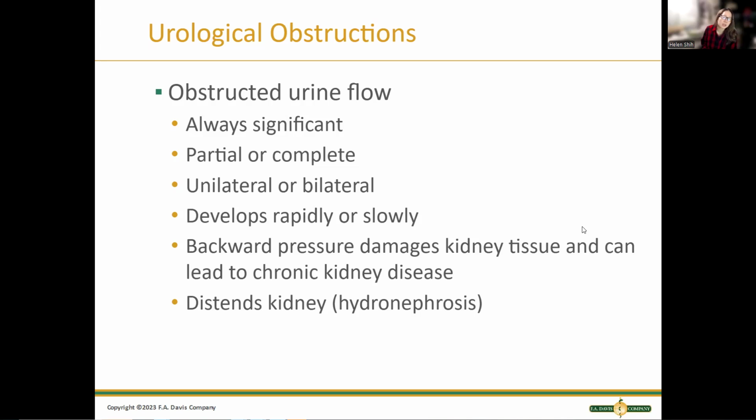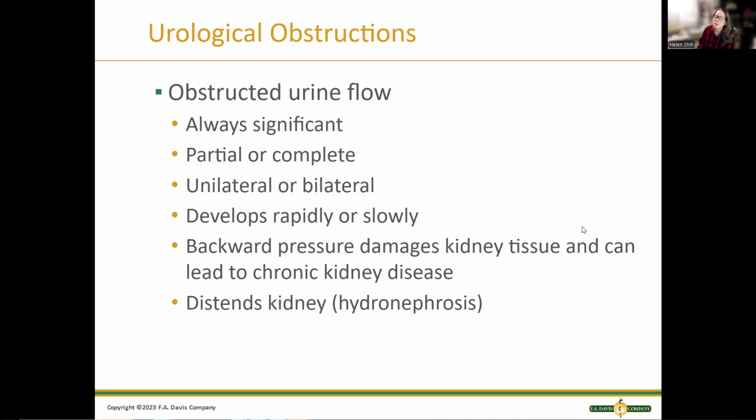And the issue with urological obstruction is that urine is supposed to flow in one direction. It's supposed to flow out of the kidney, into the ureter, into the bladder, and then out of the urethra. But if there was some sort of blockage somewhere, urine can certainly back up all the way back into the kidneys, which then would increase the amount of pressure in the kidneys.